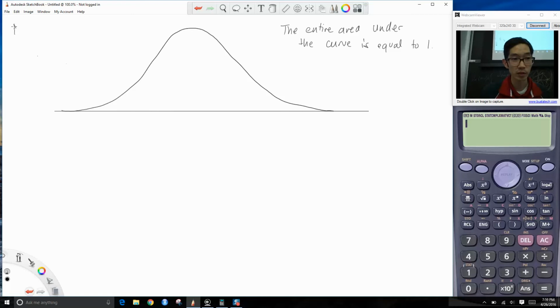So again, this is our normal distribution. The entire area under the curve is equal to 1, okay?